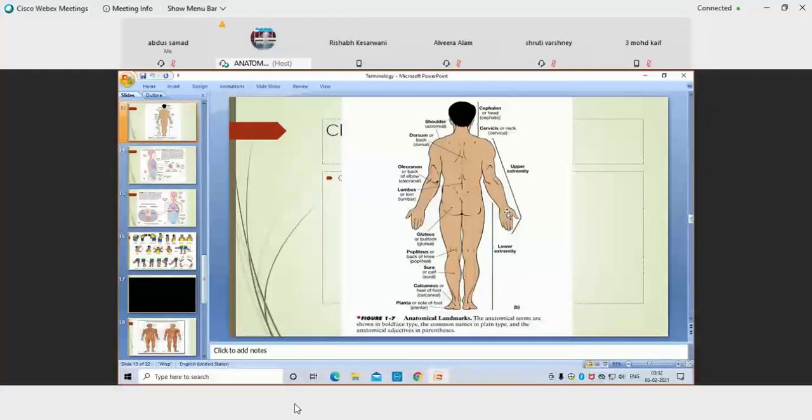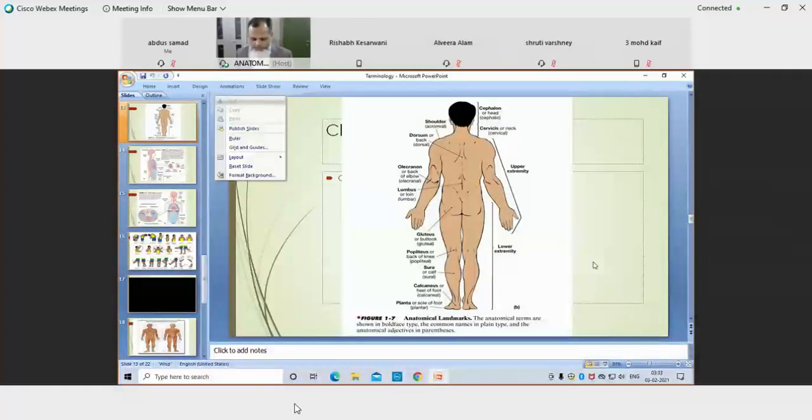So we have covered these terms. In relation to the limbs, some more terms are also used. One is ipsilateral and another is contralateral.